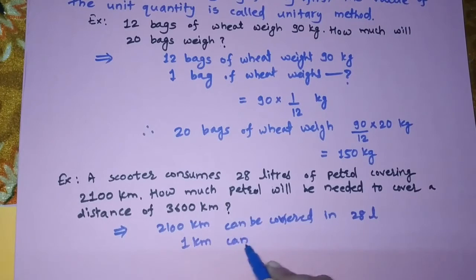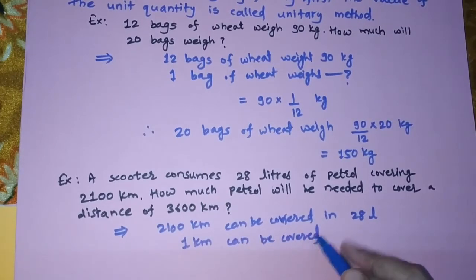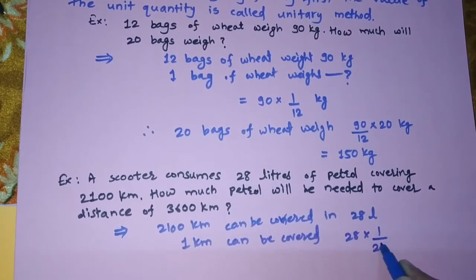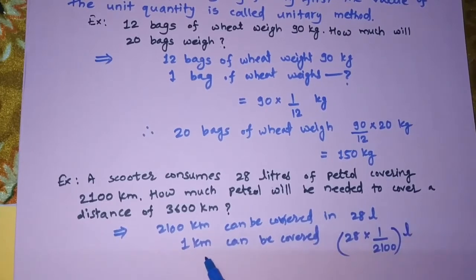You can say 28 multiplied by 1 upon 2100. This much liter is consumed for covering 1 kilometer.